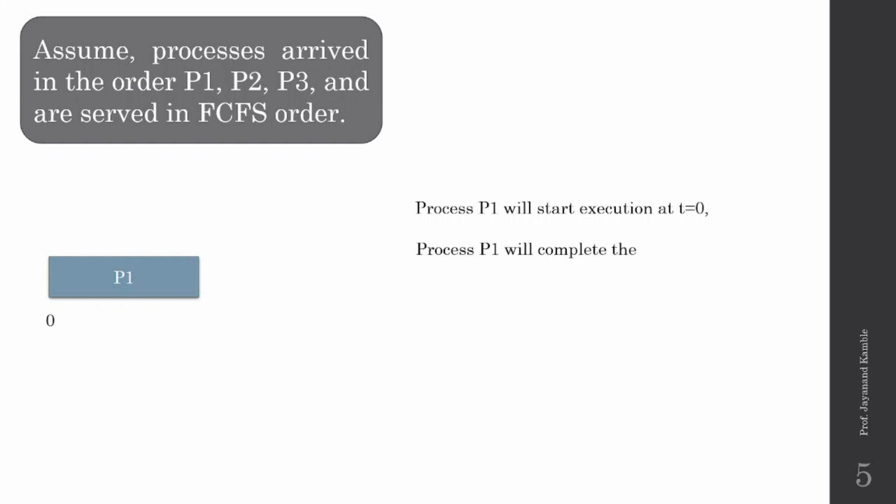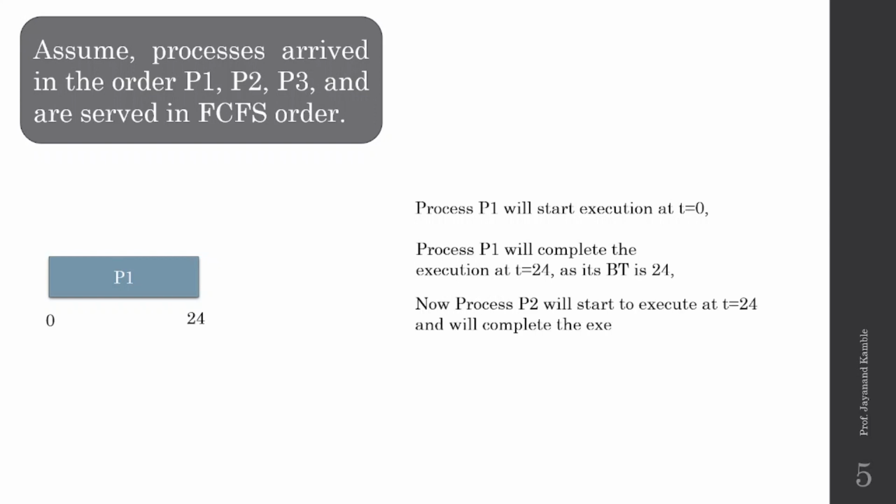Process P1 will complete the execution at t equal to 24 as its burst time is 24. Now process P2 will start to execute at t equal to 24 and will complete the execution at t equal to 27. So here you can see P2 started at 24 and completed at 27.